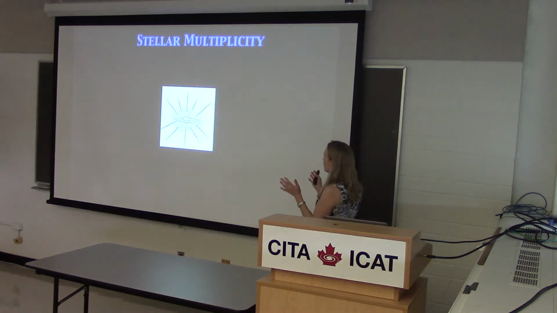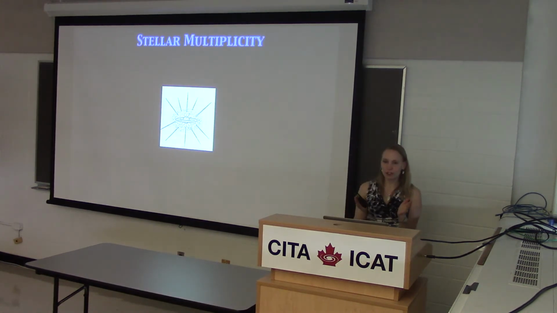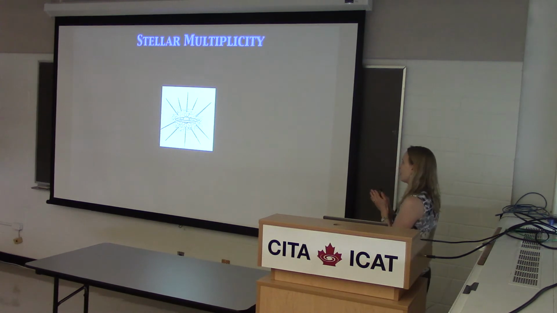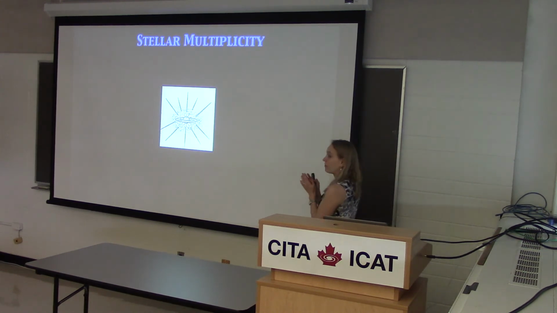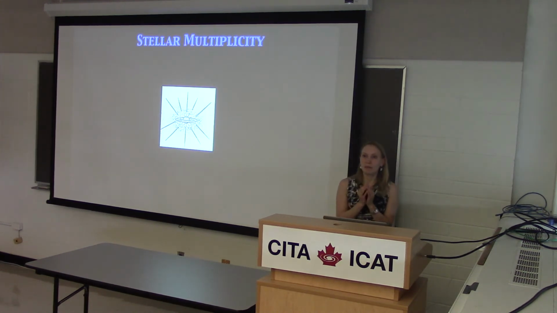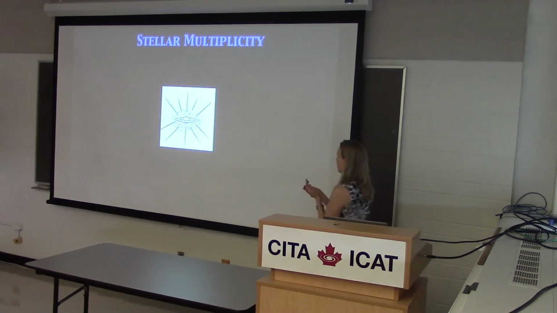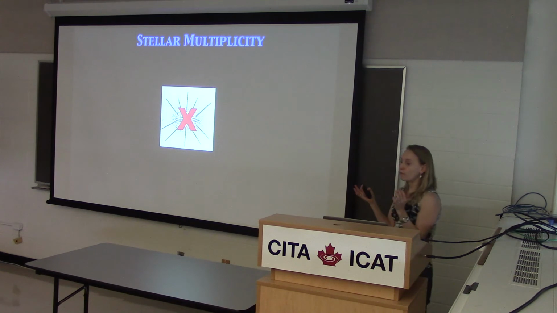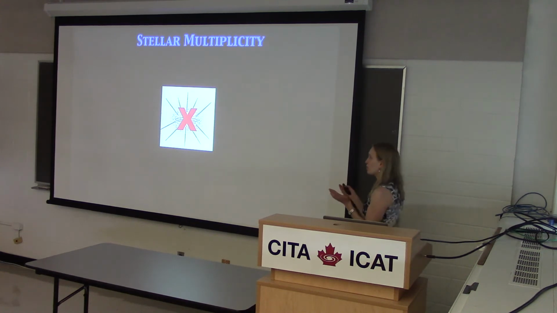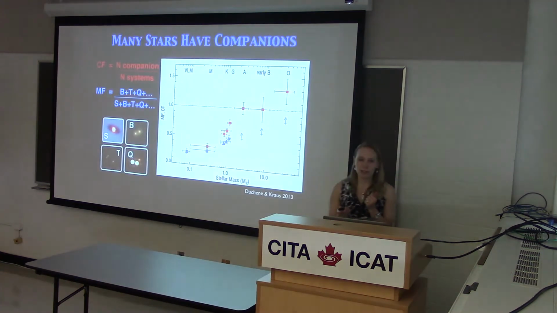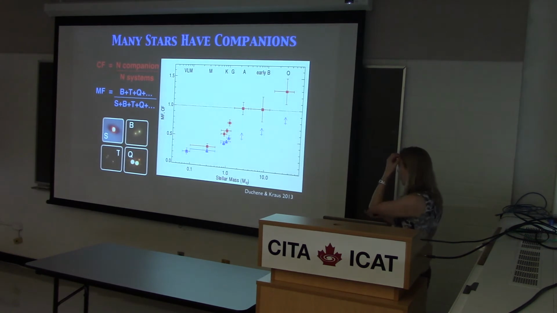If we go back to our star formation 101 picture, this picture is actually very misleading, because many, if not most, stars don't form like this, but form as part of multiple star systems. Here is a nice review plot from Duchêne and Kraus, 2013, showing the multiplicity fraction and companion fraction as a function of stellar mass.